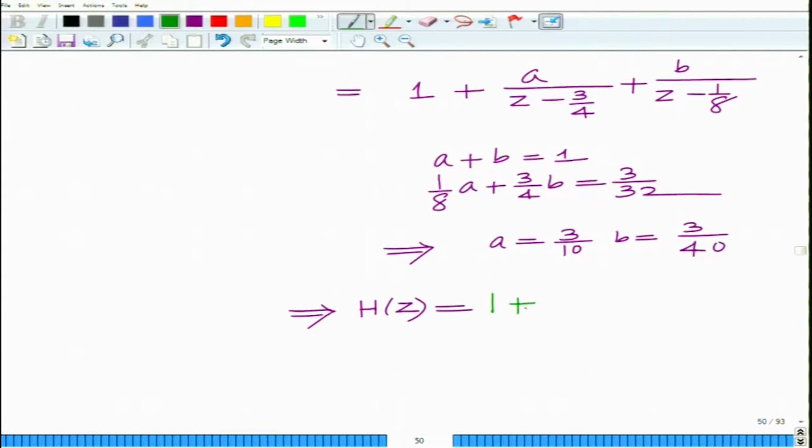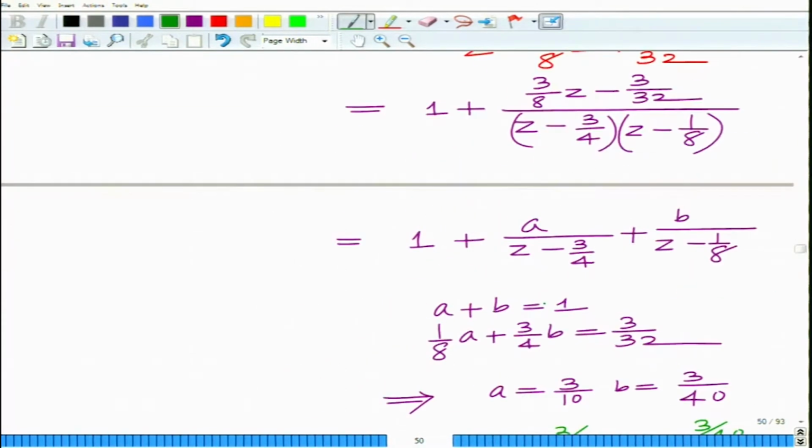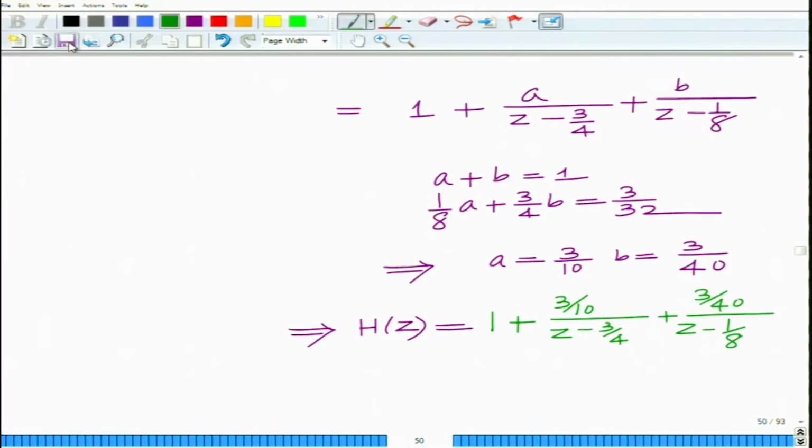which implies that now H(z) equals 1 plus (3 by 10) divided by (z minus 3 by 4) plus (3 by 40) divided by (z minus 1 by 8).